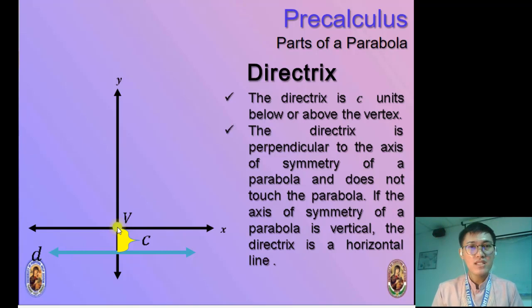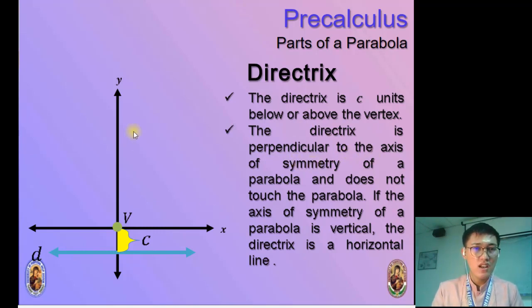The distance from the vertex to the directrix is c units, as defined by this definition. The c units can be any number to represent the letter c, because c is our variable here. The directrix is perpendicular to the axis of symmetry.